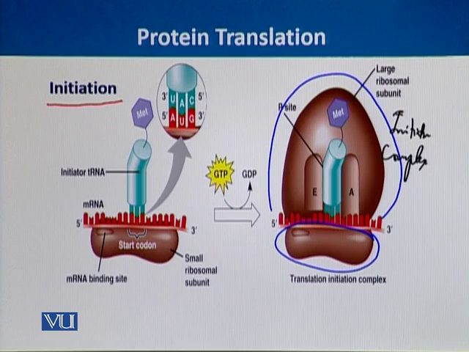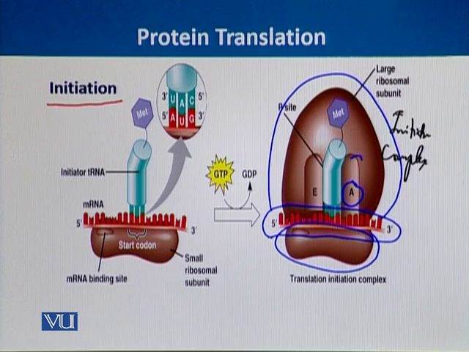After this complex is formed, the molecule of messenger RNA binds with the smaller subunit. And we also know that the larger subunit of ribosome has three specific sites. The first site is the A site, generally called the acceptor site, where transfer RNAs first come and bind.